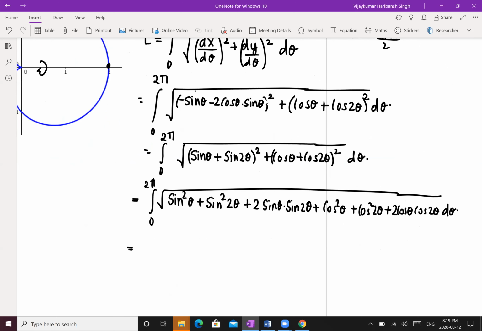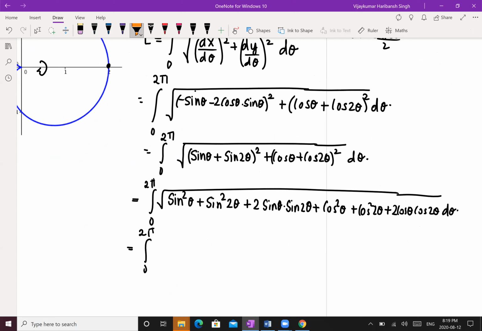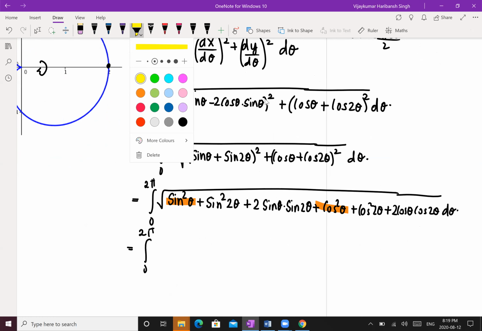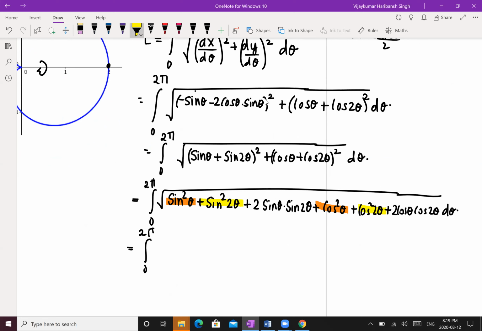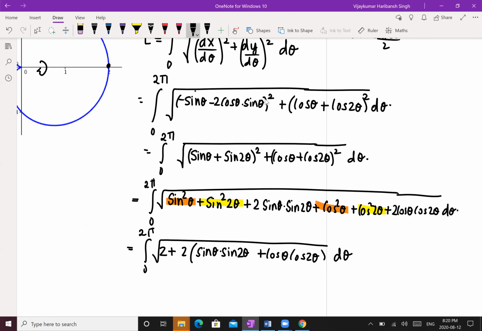Now sine square theta plus cos square theta gives us 1. Similarly, sine square 2 theta plus cos square 2 theta gives me 1. So we are left with 2 plus, taking 2 common from the cross terms, sine theta sine 2 theta plus cos theta cos 2 theta, d theta.